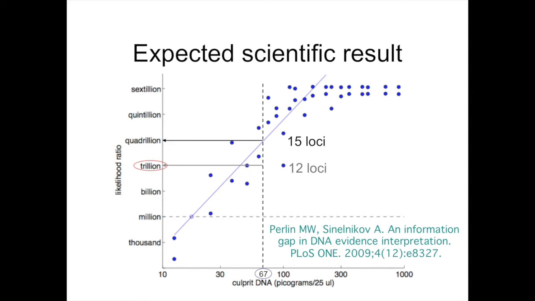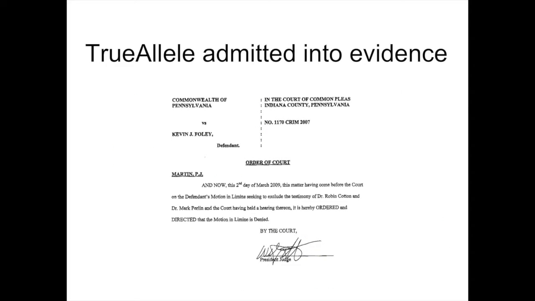That was ultimately published later that year. So there was an expected scientific result that based on validation studies, not just based on the evidence in the case. Judge Martin admitted TrueAllele into evidence, and ultimately the case went to trial.